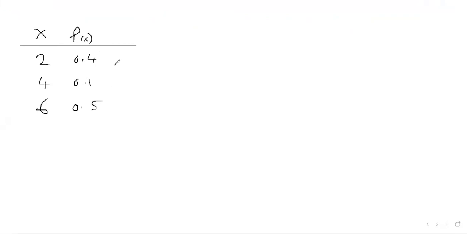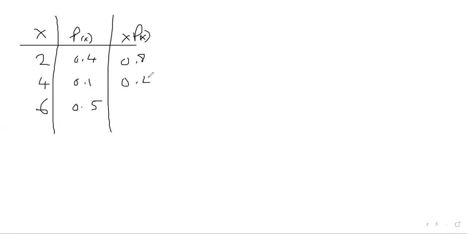Find the mean, variance, and standard deviation. So what you do in this category, to find the mean, you multiply x and the probability, so you get xpx. So 2 times 0.4 is 0.8. 4 times 0.1 is 0.4. 6 times 0.5 is 3.0. So when you add, you get 4.2.